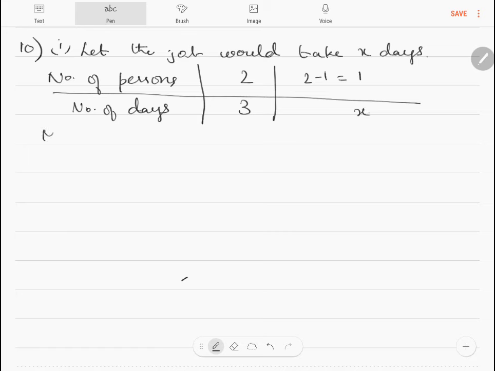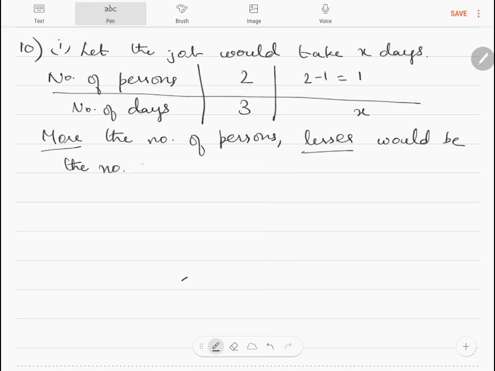So we know more the number of persons, lesser would be the number of days. So here it is in the case of inverse proportion.